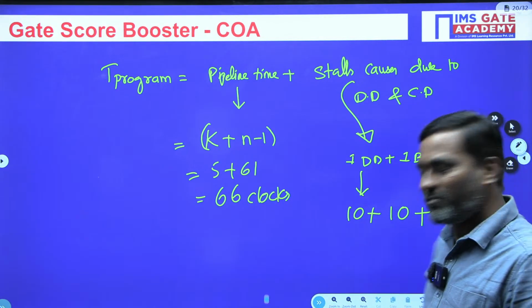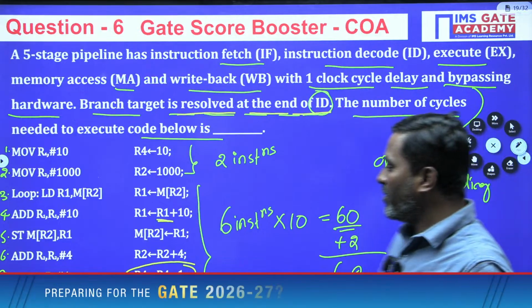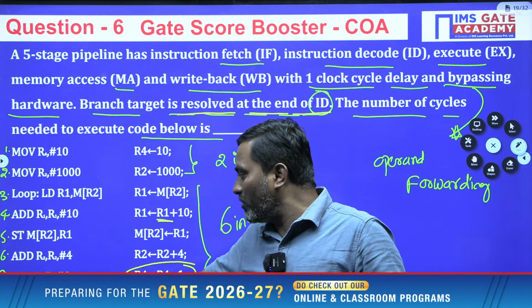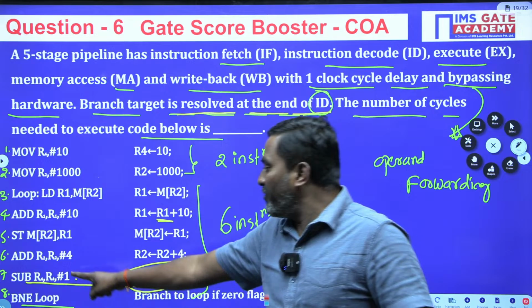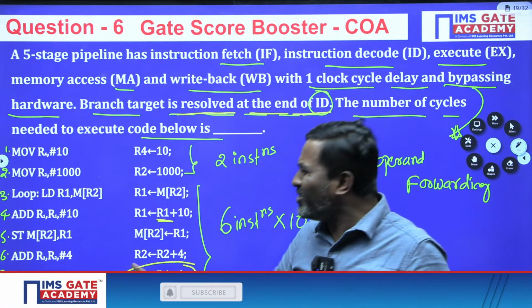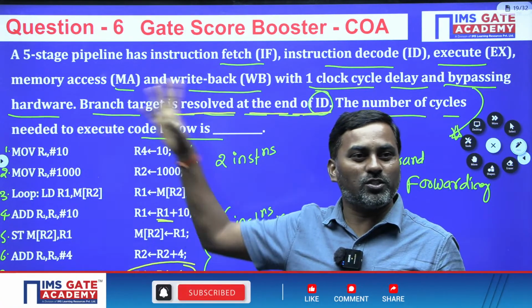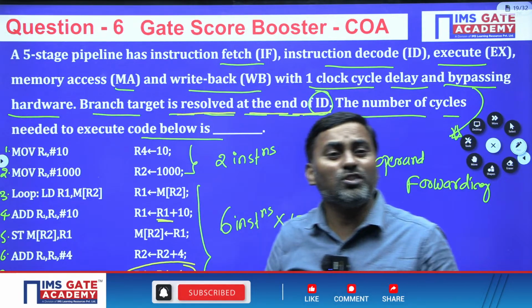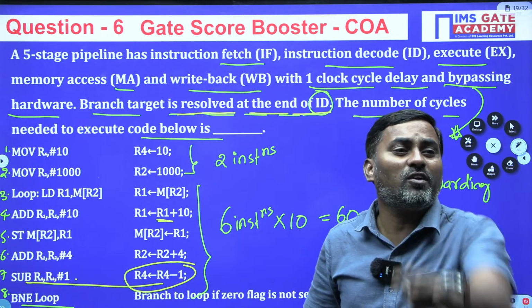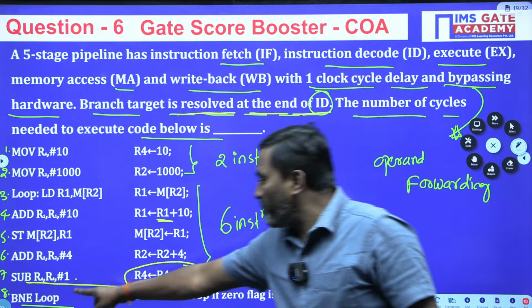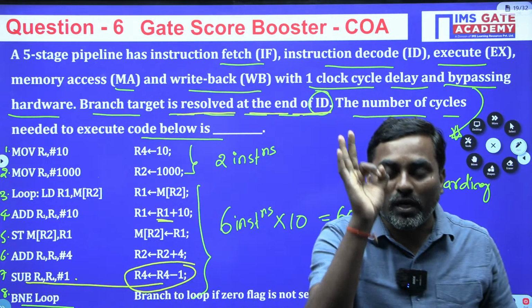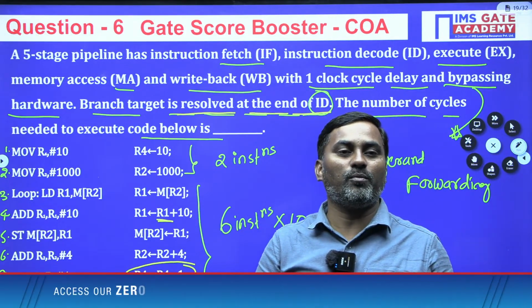Plus one more problem is there now. Suppose, for example, I got information here: if the R4 value is not 0, we have to jump, right? Non-zero jump. When you fetch the branch instruction, what is the PC value? Tell me. After fetch of the branch instruction, what is the program counter value?